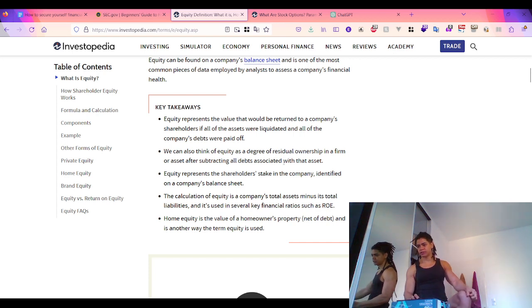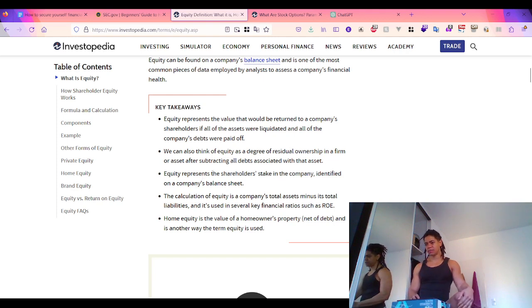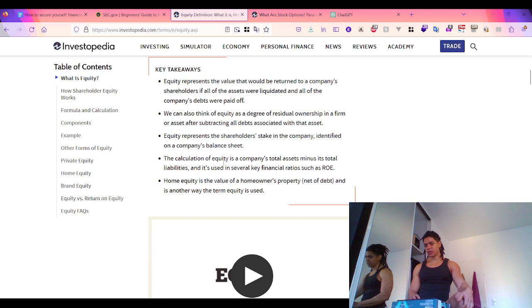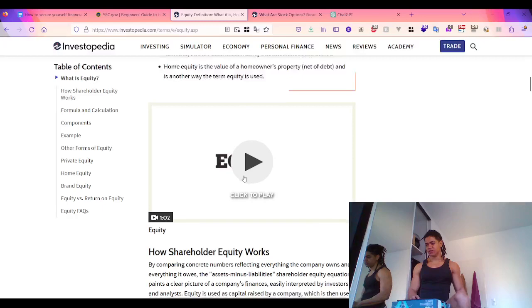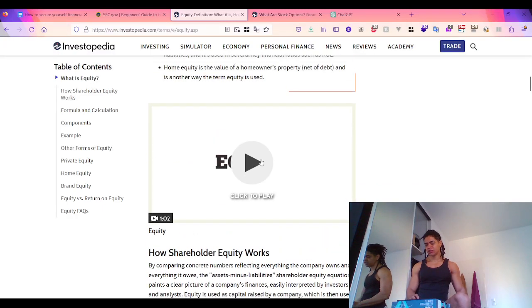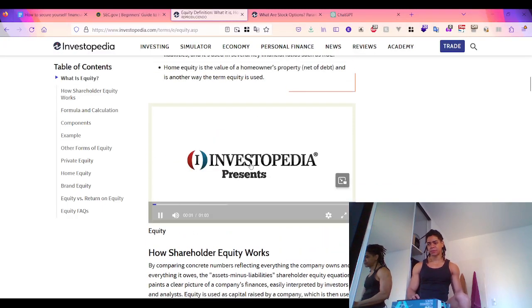Equity represents the shareholder's stake in the company, identified on the company balance sheet. In home equity, the calculation is the value of the homeowner's property, net of debt. So let me take a closer look here at equity.